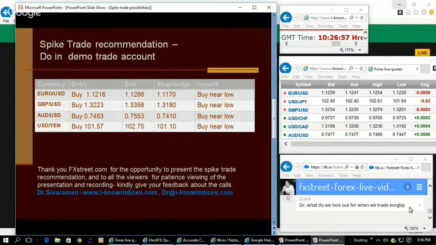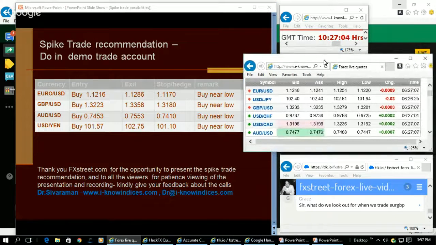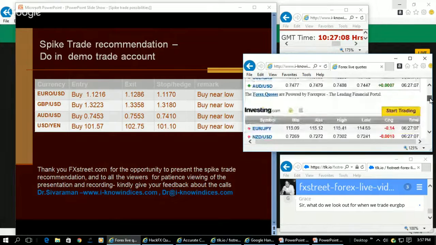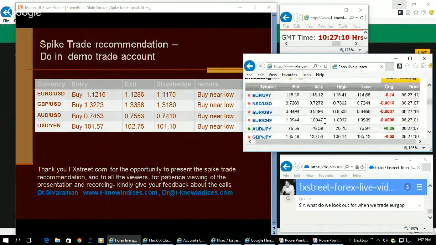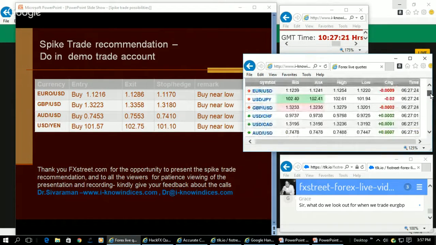Okay, how do you take the Euro GBP trade call? Now this is going to be a prime data event for GBP, and if you look into the Euro GBP cross, you find a nominal negative net change is already shown. How? 7 pips negative net change is shown in the case of Euro GBP. Why? Because the net change in the case of GBP is only 2 pips.